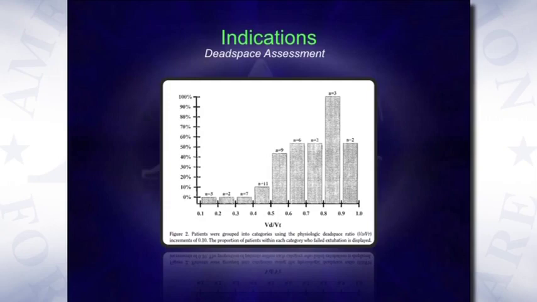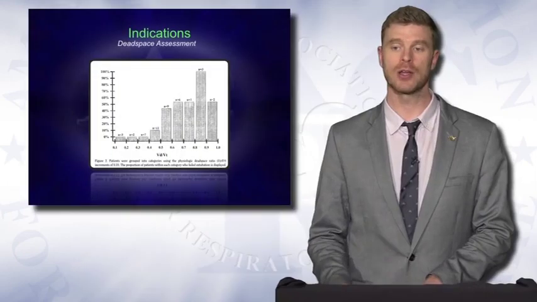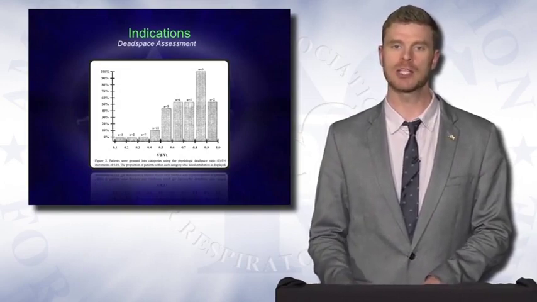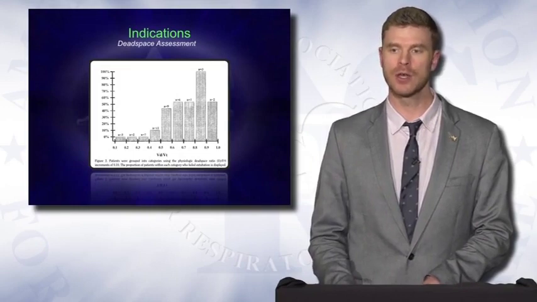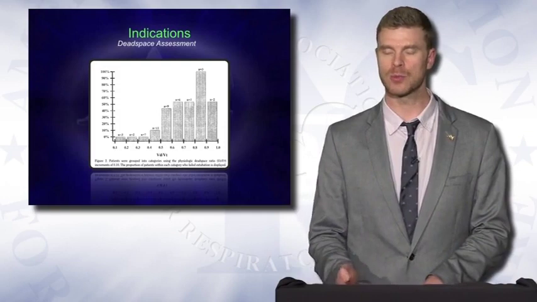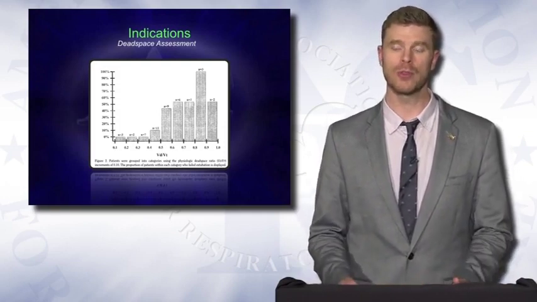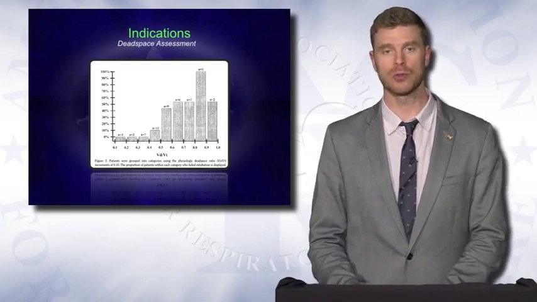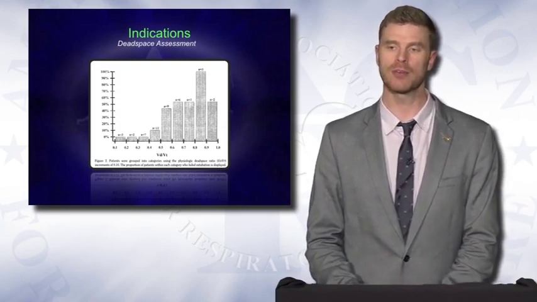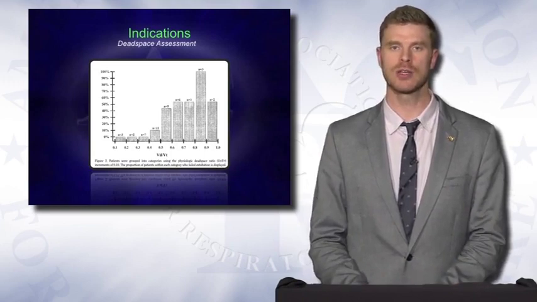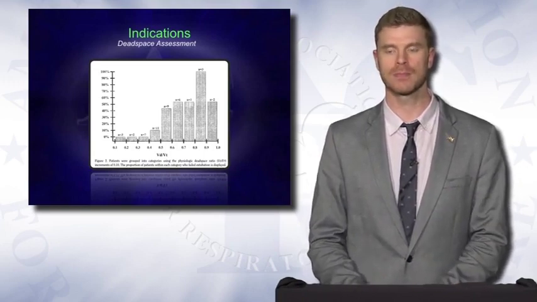Number two, there's also a fair amount of uncertainty at specific binned areas, and the authors discuss this in their paper, as to what's going to happen at specific VD/VT ranges. For example, if we looked at the range of 0.5 to 0.65, we can note that although the incidence of extubation failure is much higher than those ranges less than 0.5, there's still 45 to 50% of those patients who did just fine upon extubation.